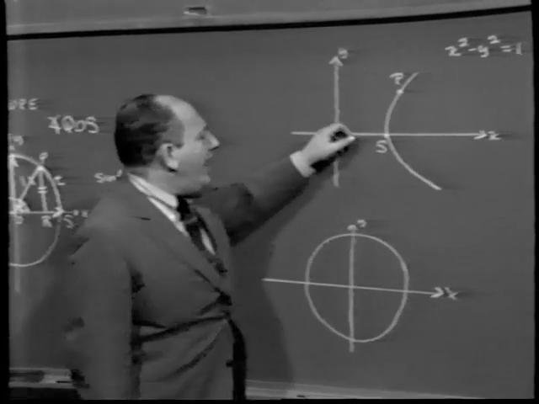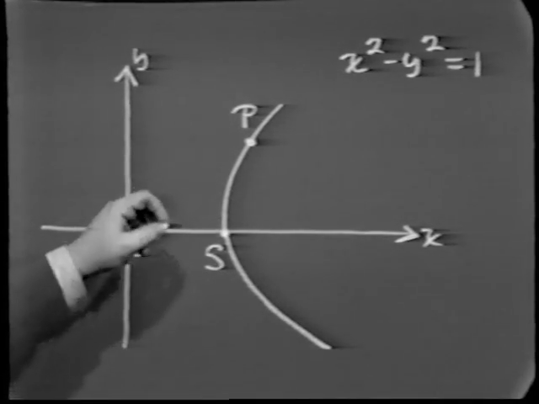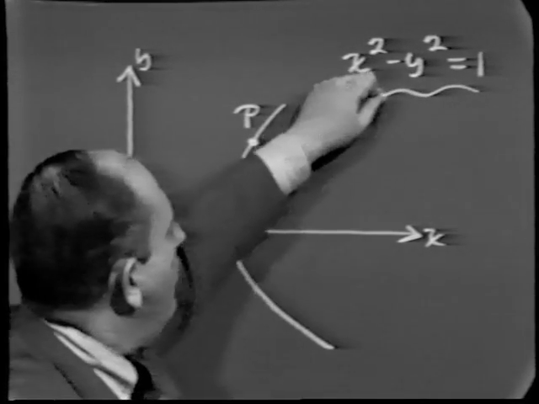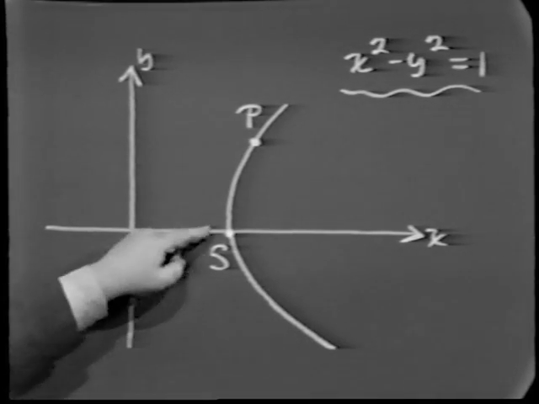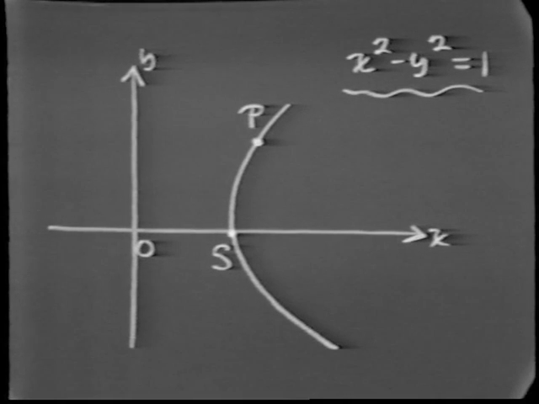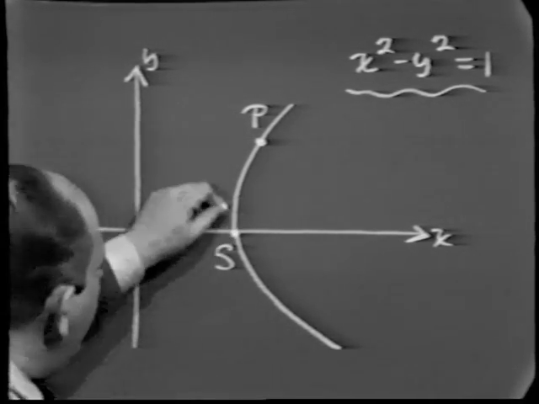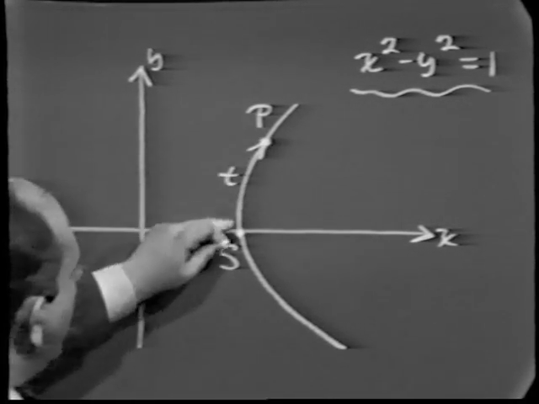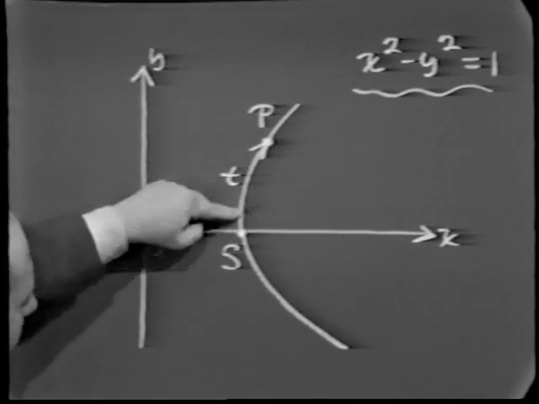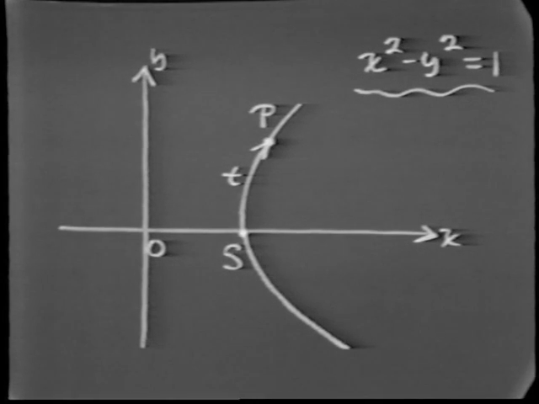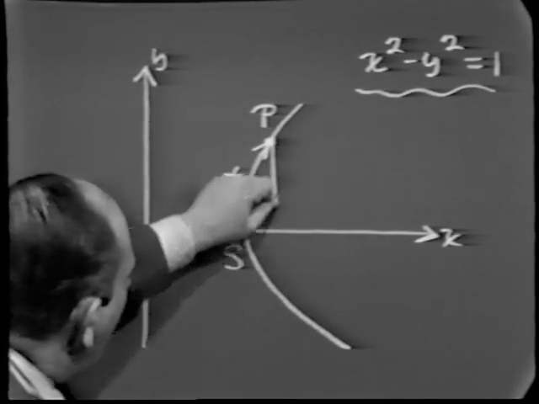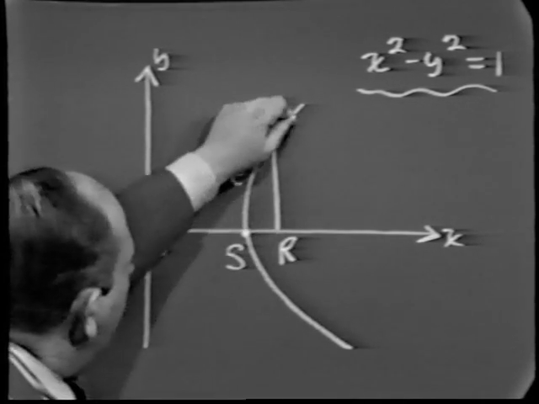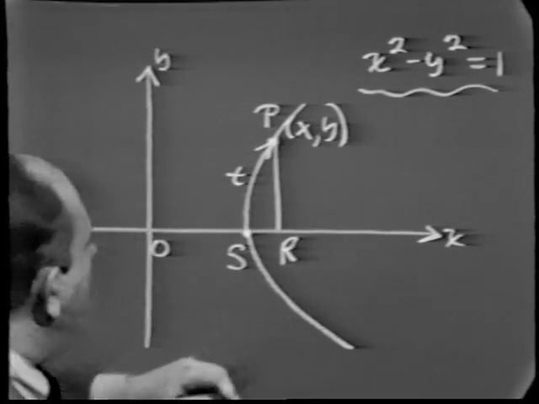By the way, again, there is nothing sacred about our choice of why we picked circular functions. We could have picked hyperbolic functions, namely, why couldn't we have started, say, with one branch of the hyperbola, x squared minus y squared equals 1? Given a length t, why couldn't we have measured t off along the hyperbola, say this way if t is positive, the other way if t is negative, and then what we could have done was drop the perpendicular again, and we could have defined what?